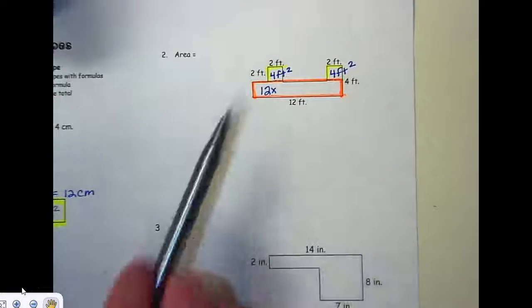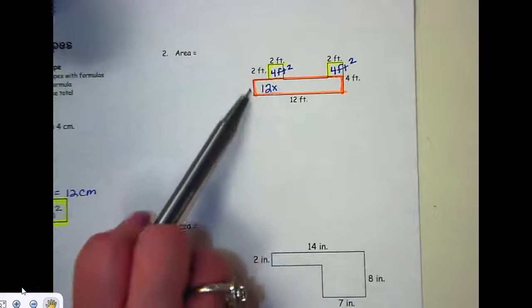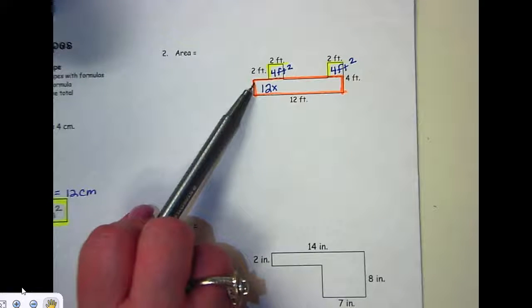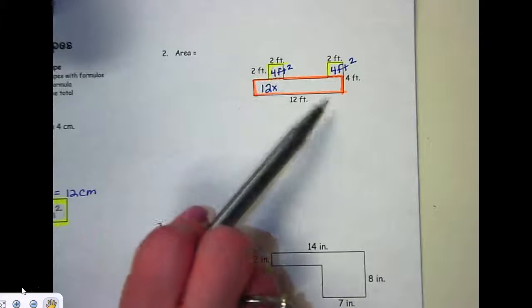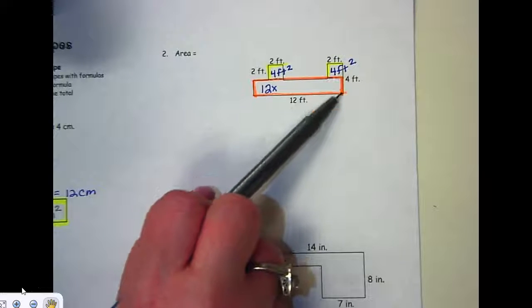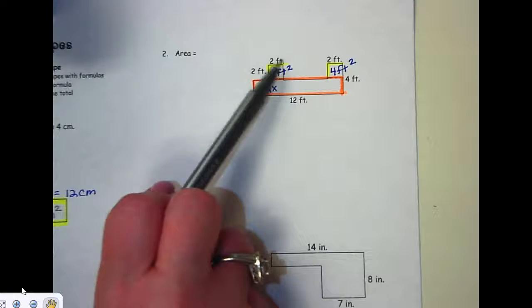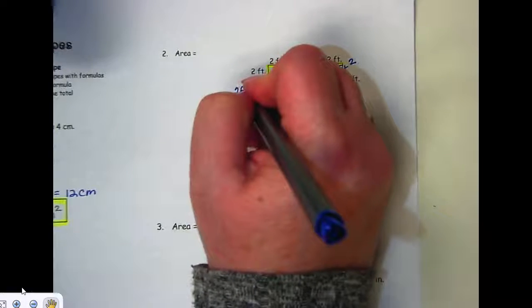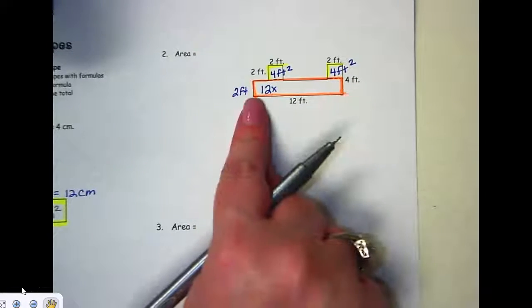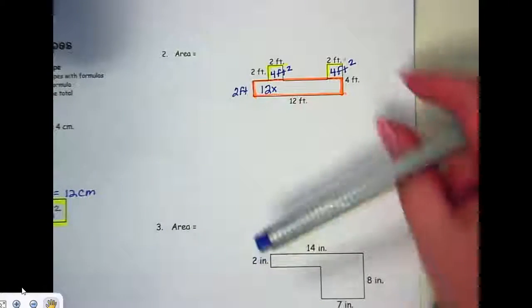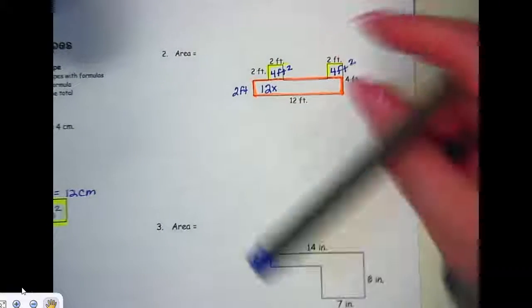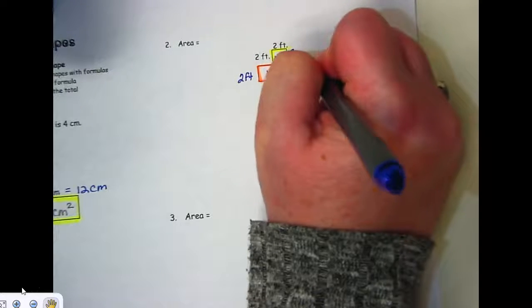Or I can look over here. 2 plus this 2, this part plus this part has to equal 4. So if I have 4 here, and I take that 2 off, that makes this side 2 feet. So 12 times 2. You have to be careful with what dimensions you're using. So 12 times 2 equals 24 feet squared.